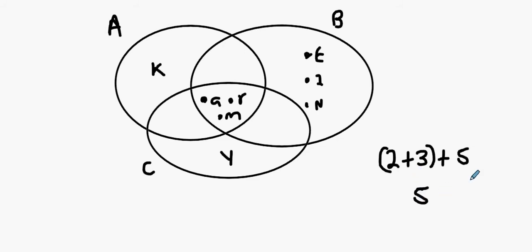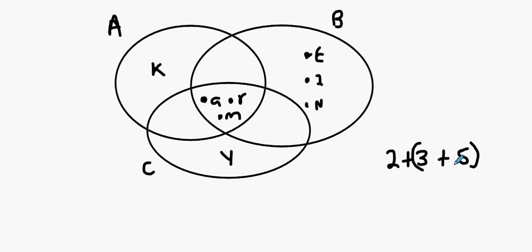And then 5 plus 5? 10. What happens instead of doing 2 plus 3 first, I did 3 plus 5 first. What happened there? 2 plus 8? 10.